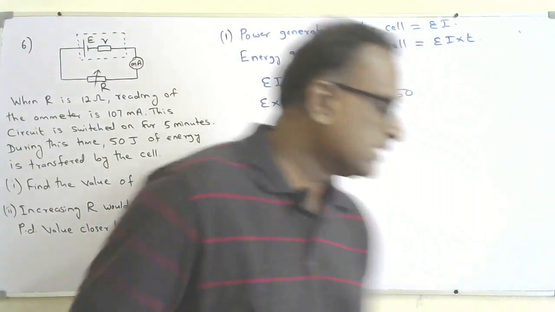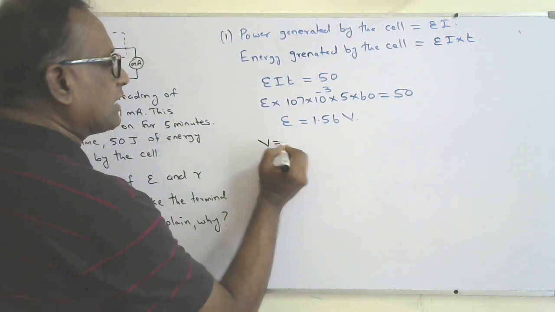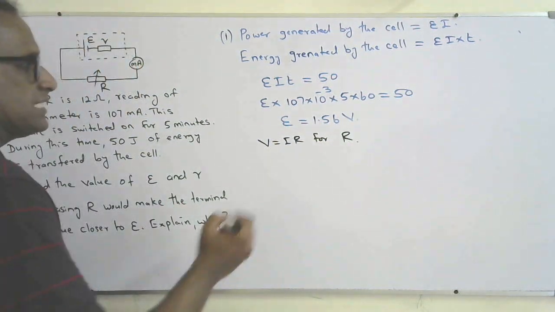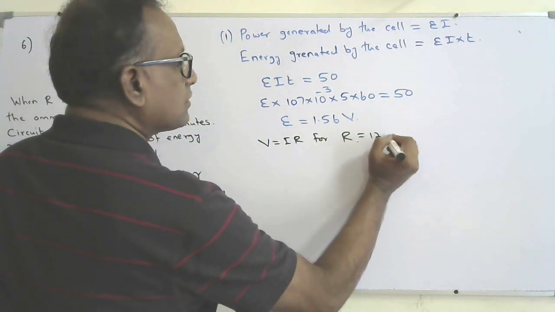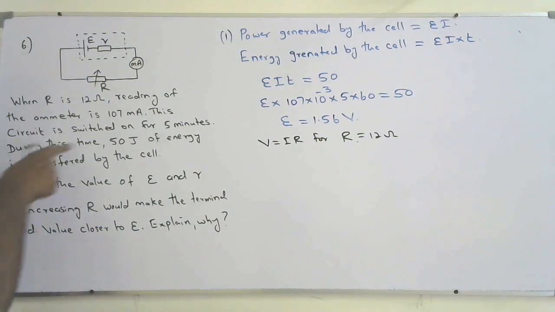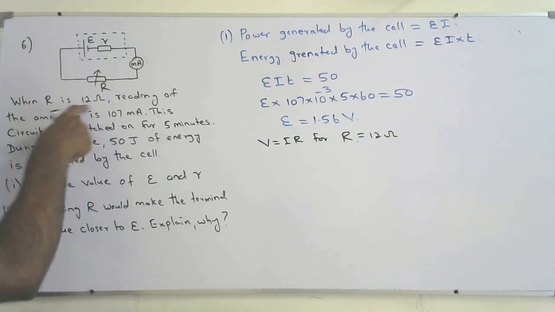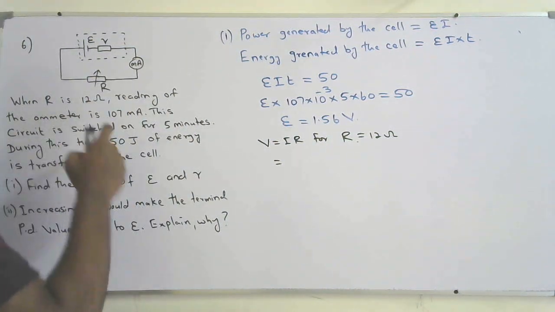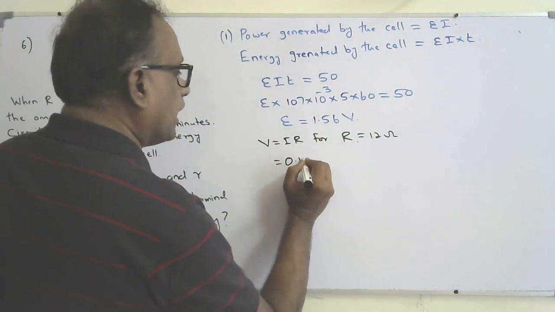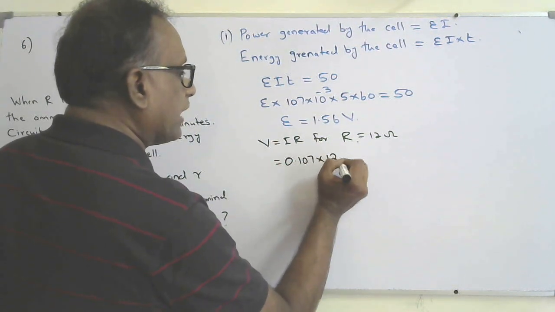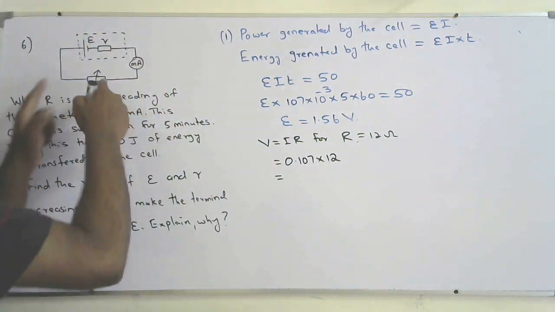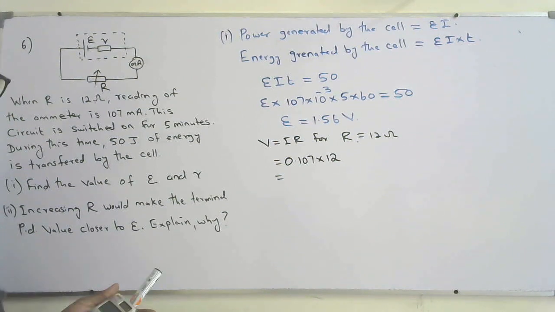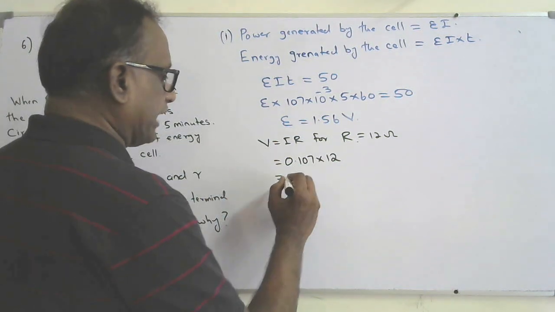I can use V equal IR for capital R, which is 12 ohms. So that will be 107 milliampere, meaning 0.107, into 12. That's the terminal potential difference. So find that value. That will be 1.284.